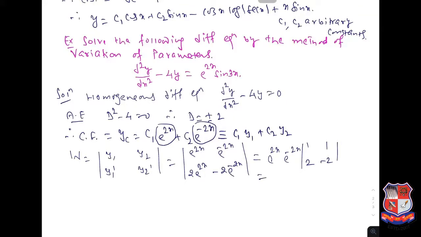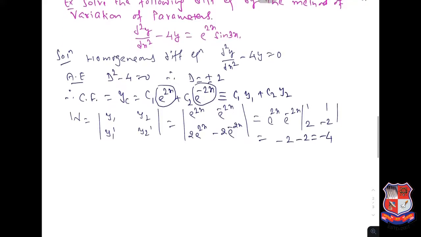But e power 2x times e power minus 2x is 1, and then we can easily find the value of the determinant: minus 2 and again minus 2, so that is minus 4. So the value of W is minus 4.